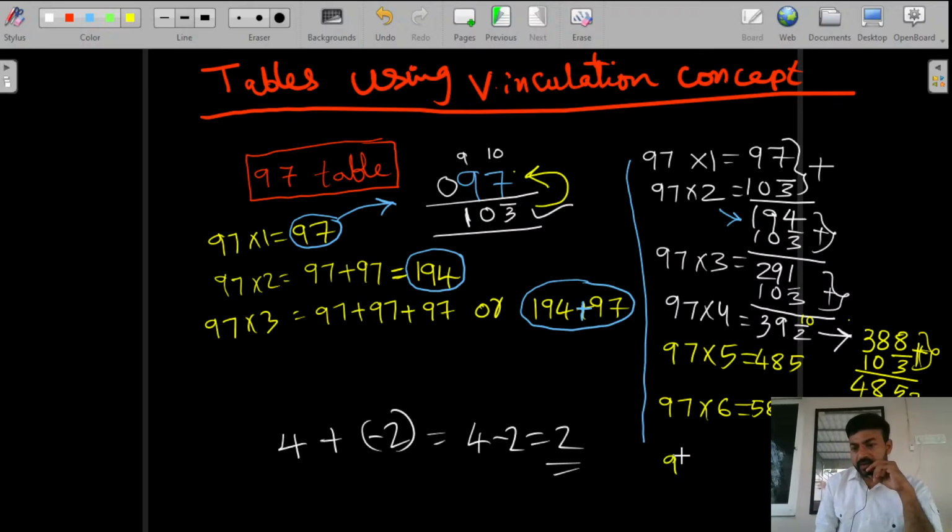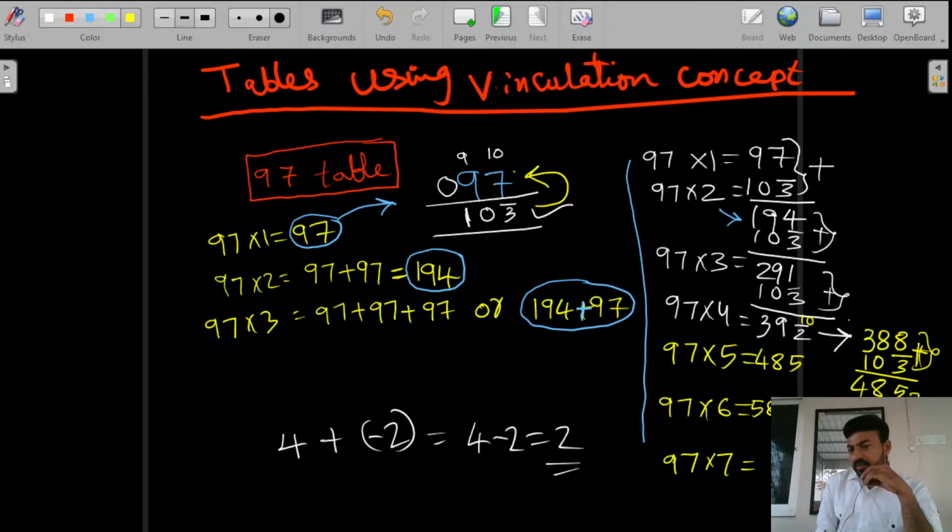If you want to find 97 nines, you can add 10 bar 3 again. 2 minus 3, here you will get bar 1. Then 8 and 6.